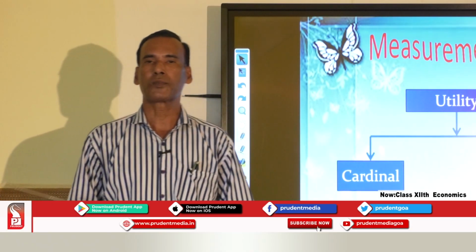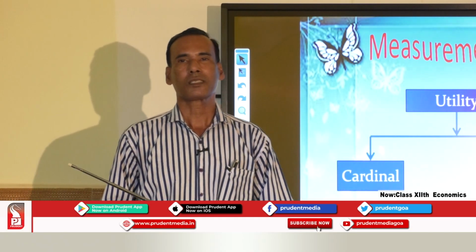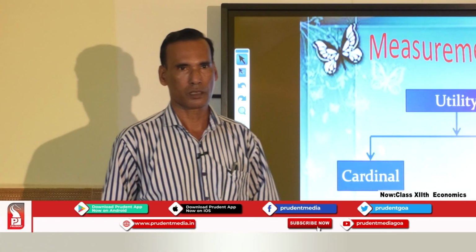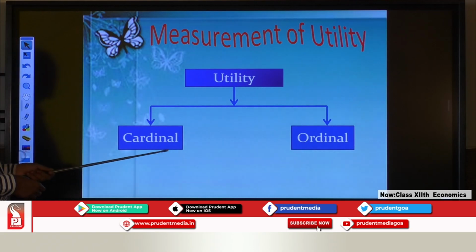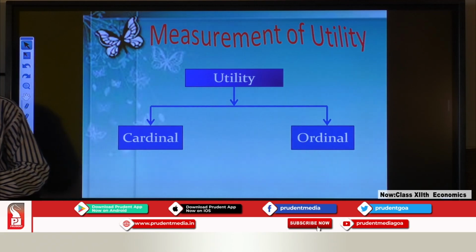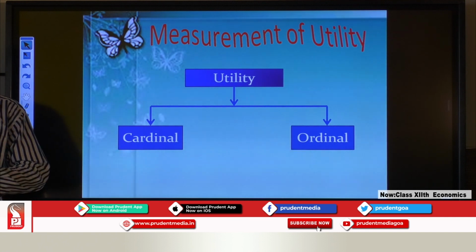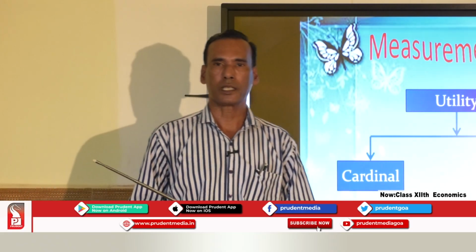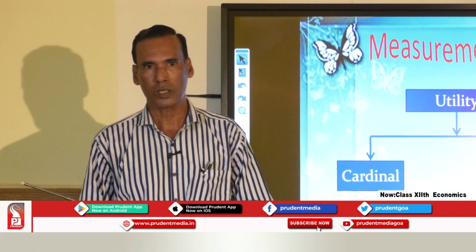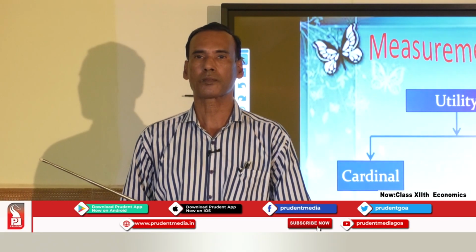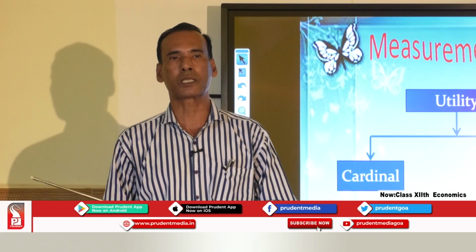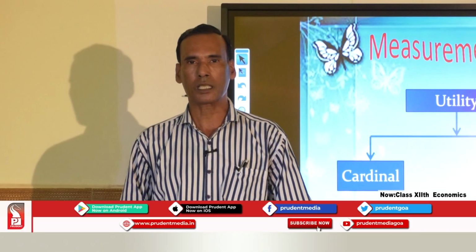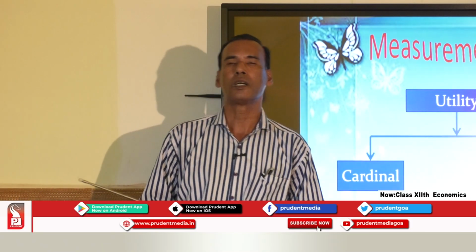Now, measurement of utility. There are two methods to measure utility. The first method is cardinal measurement of utility, and the second one is ordinal measurement of utility. In the cardinal approach, we measure utility, or the satisfaction that the person achieves, in terms of numbers; satisfaction is expressed numerically.